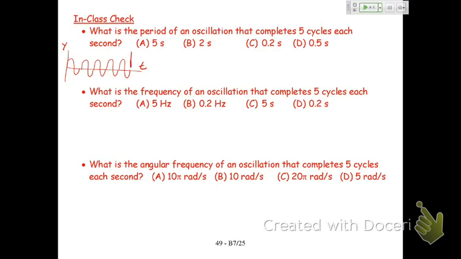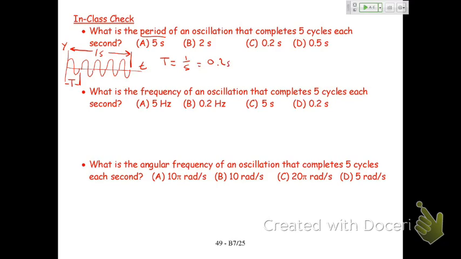And I know that takes 1 second, because it says 5 per second. And now it says, what is the period? Well, I know the period is the time for 1 oscillation. So it seems to me that T is pretty obviously equal to 1/5 of a second, because there's 5 of them in 1 second, which is 0.2 seconds.